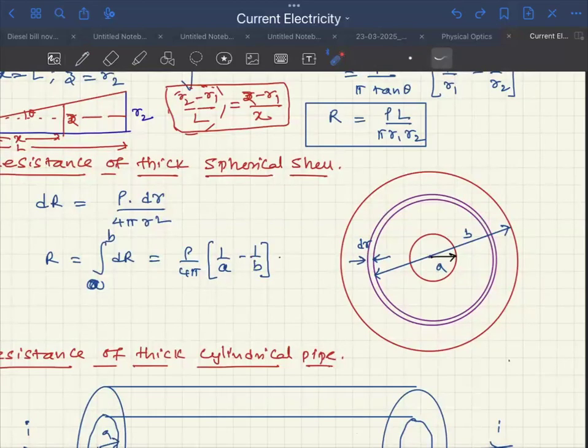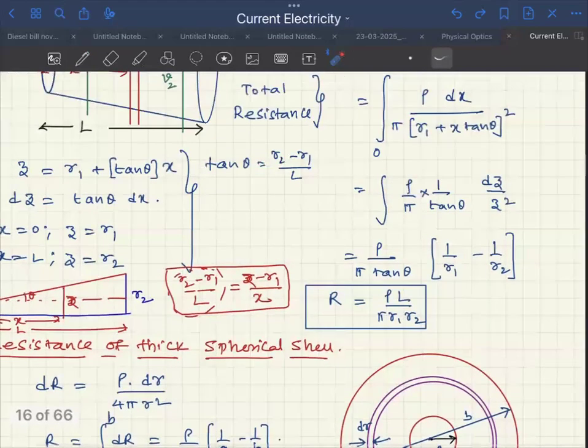Don't forget how the current goes. The current goes radially outward through every shell. It is the same current that goes through every such thin shell. First, let us speak about only one shell. What is the resistance?